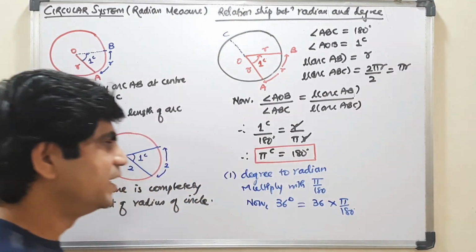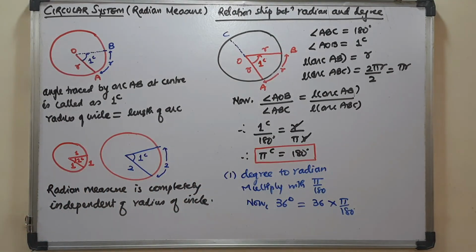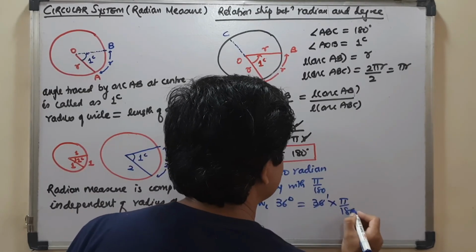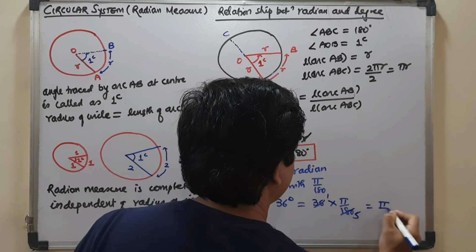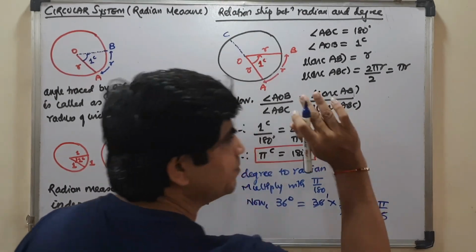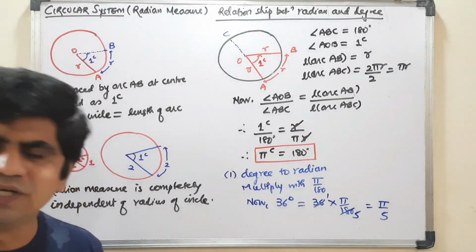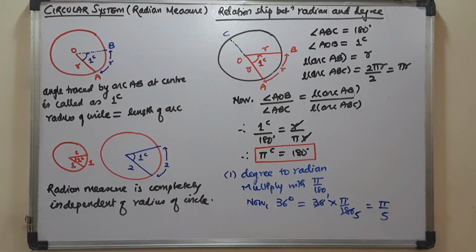Okay, and I think 5 3s are 15, 6 5s are 30. So it will be pi by 5, that is if you divide. So radian symbol is not required here. It is understood that it is radian without the symbol, but degree is not understood, so degree you have to write the symbol over there.